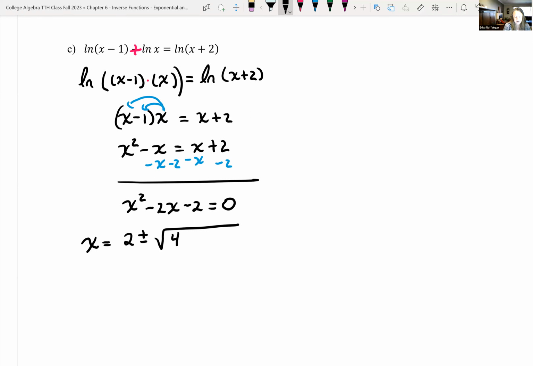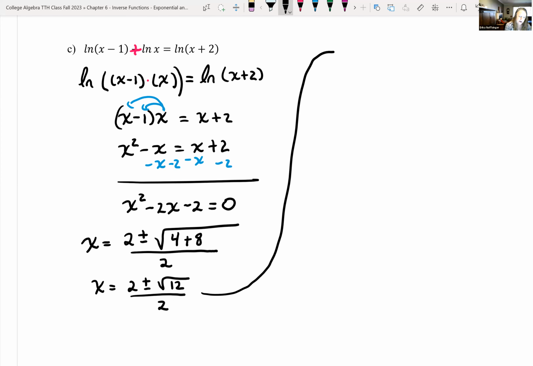So negative 4 times negative 2, so plus 8, all over 2 times a. So 2 times 1 is 2. You get x is equal to 2 plus or minus the square root of 4 plus 8 is 12, all over 2.